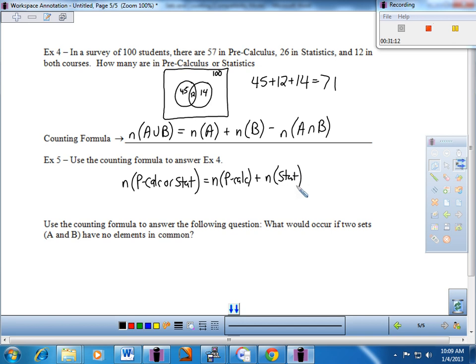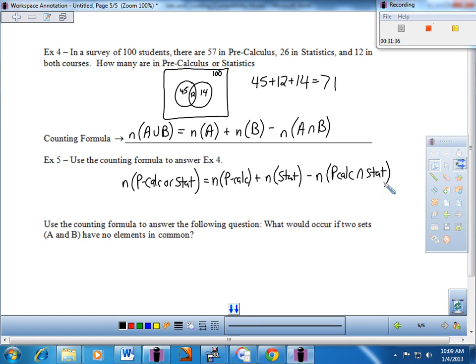We don't want to include people twice. If we include people twice, we mess up our number. It becomes incorrect. So what we want to do here is subtract the intersection away: the number in pre-calc and stat.